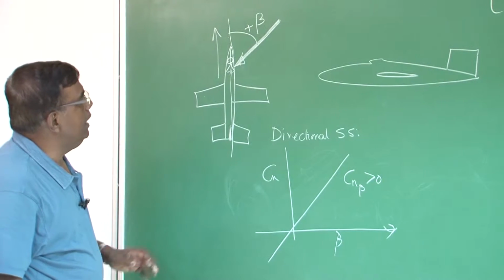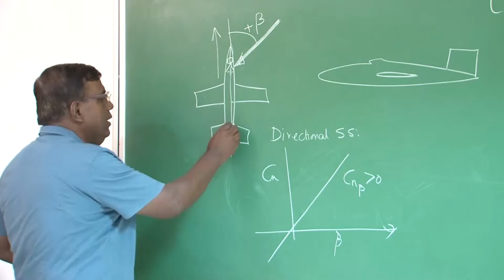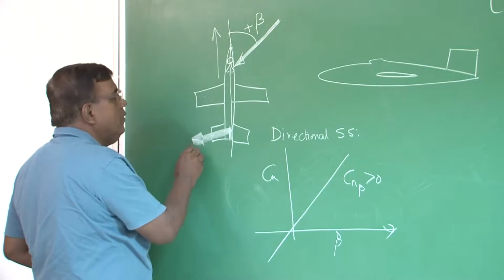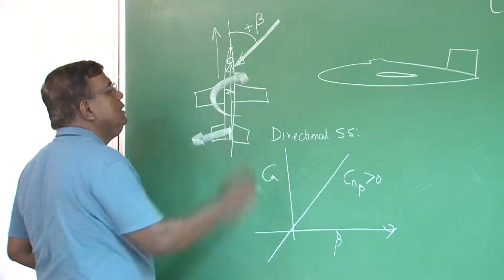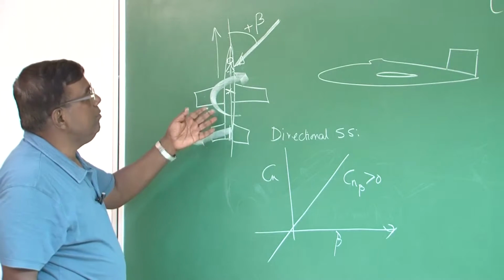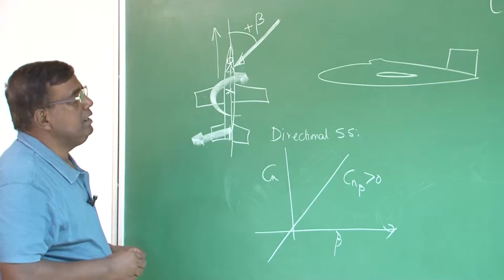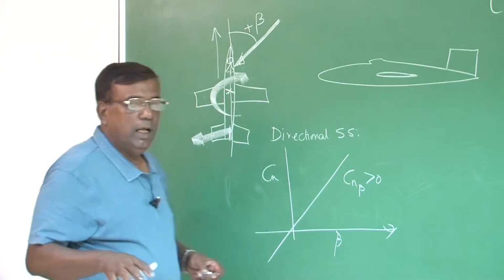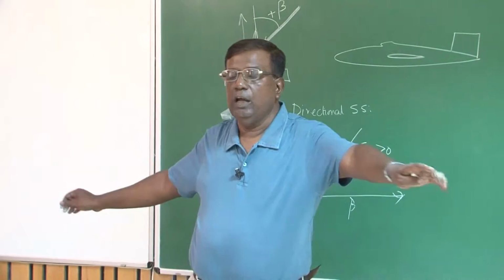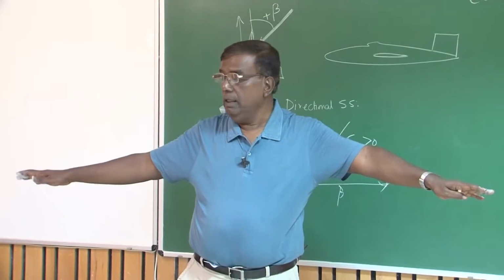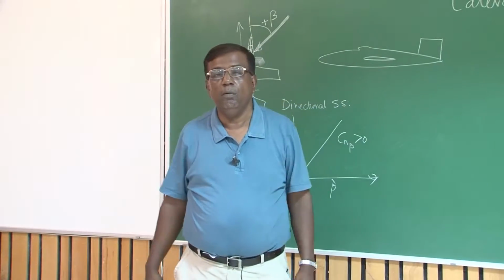So, how do I understand that? If there is a beta, the vertical tail will generate a force in this direction, which will give moment about Cg. Which moment? This is yawing moment. And what is the sign convention for yawing moment? We know that if I am flying like this, right wing going back is yawing moment positive, and right wing going down is roll moment positive.